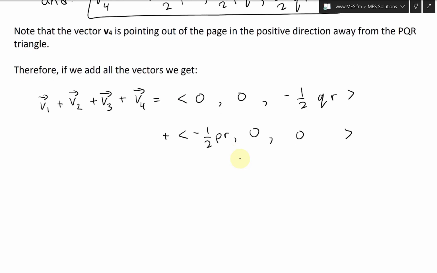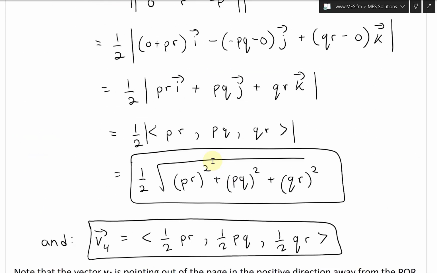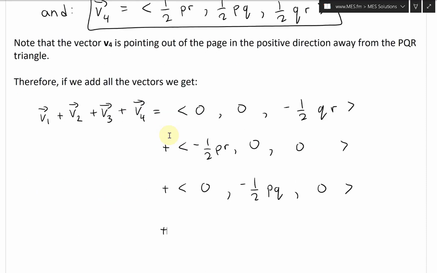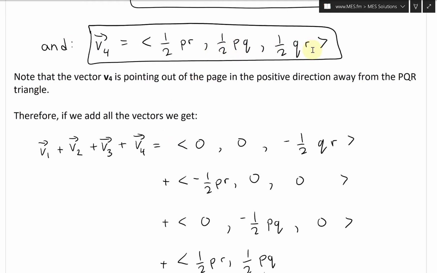And I made this big space because I want to try to make it line up somewhat. Now plus V3, which is right here, 0, negative 1/2 pq, and then 0, like that. The next one is this right here: 1/2 pr, 1/2 pq, and then 1/2 qr.